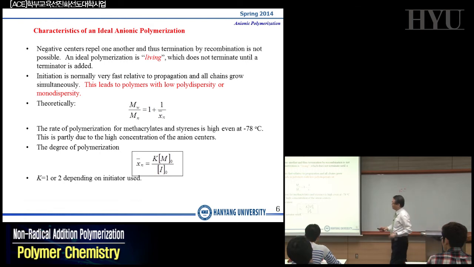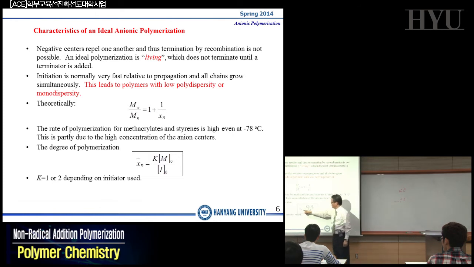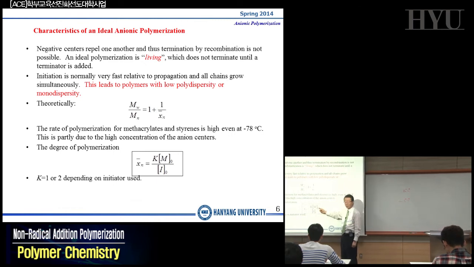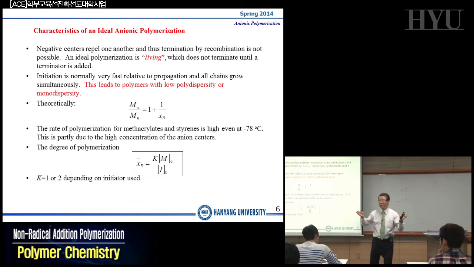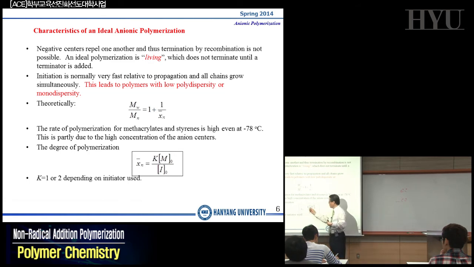Therefore, the degree of polymerization, Xn bar, is equal to K times the monomer concentration divided by the initiator concentration initially present. K is a constant. K could be 1 or 2, and I will explain why. So if you have 10 moles of monomer and 1 mole of initiator, your degree of polymerization will be about 10 in the previous cases.